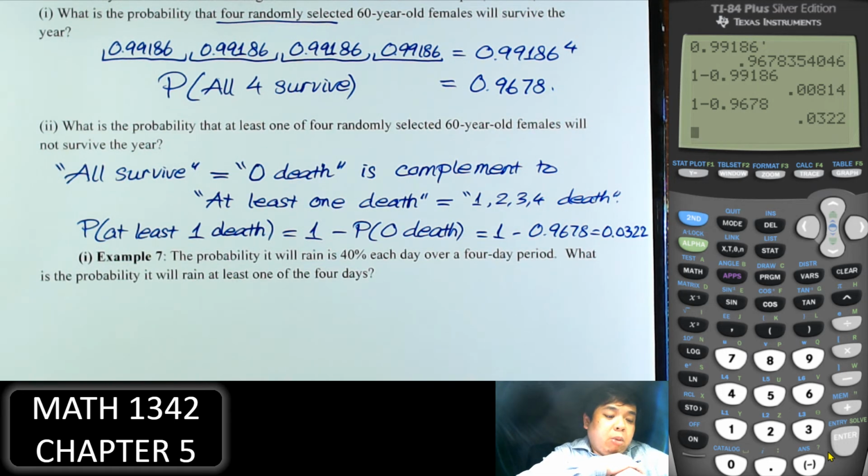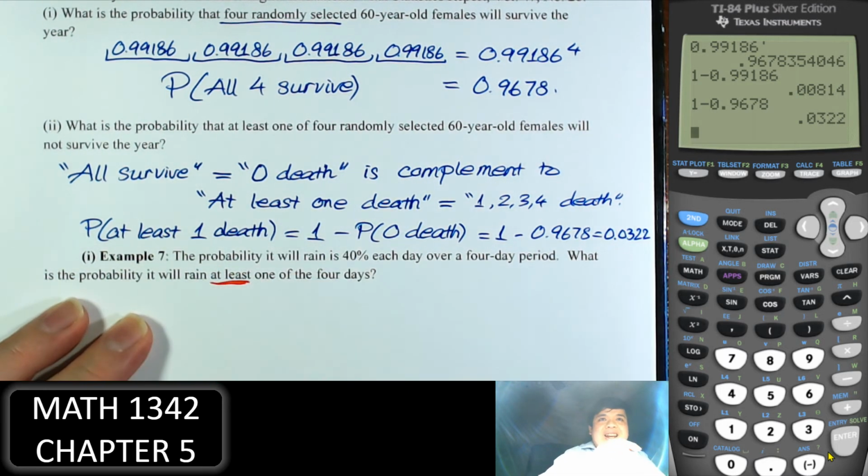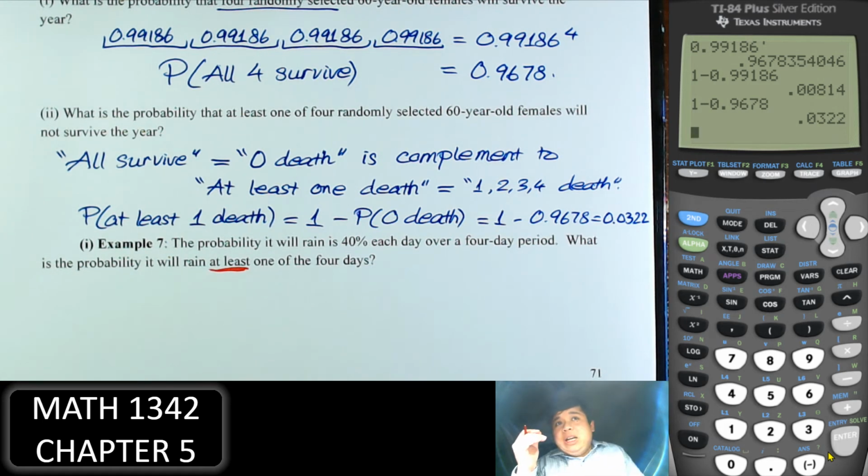Finally, the probability that it will rain is 40% each day over a 4-day period. What is the probability that it will rain at least 1 in 4 days? So when we see at least something like that, it is a signal that it will probably be easier if we find the complement event.